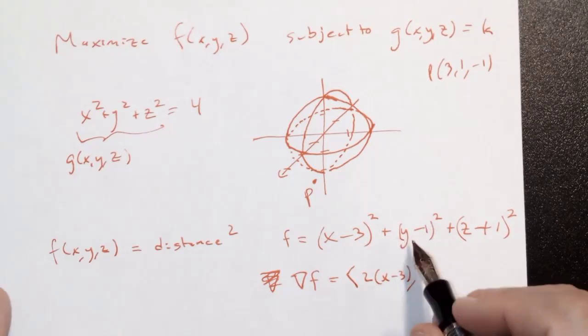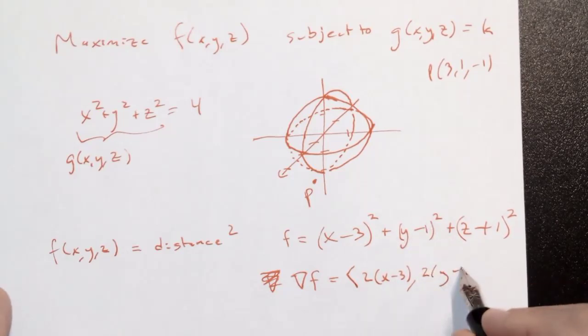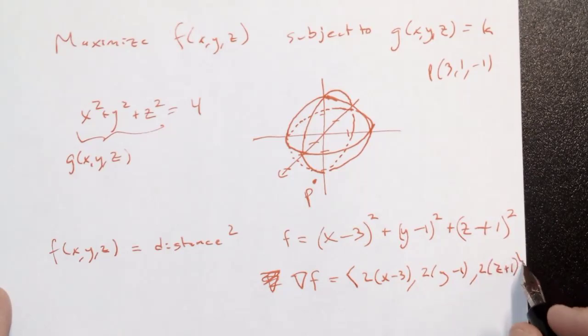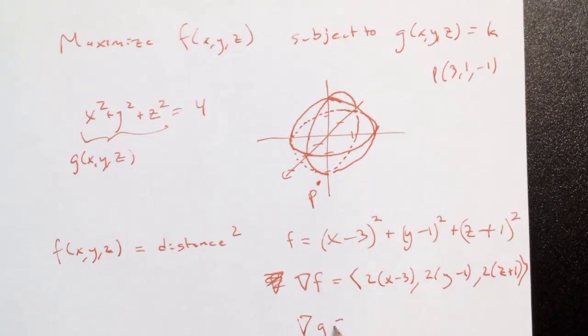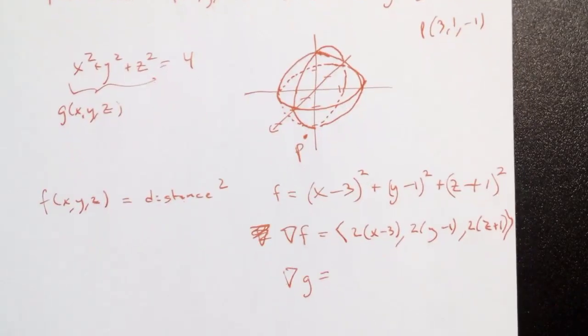And then this is squared, so I get 2 times y minus 1, and then I get 2 times z plus 1. Now, all of those are chain ruled, but the derivative of x is just 1, the derivative of y is just 1, and the derivative of z is just 1. Then I need the gradient of g. What's the gradient of g?